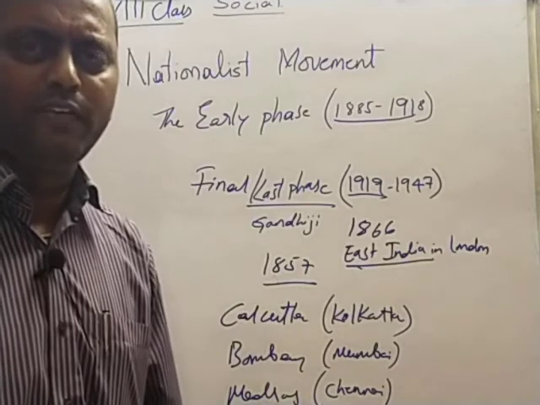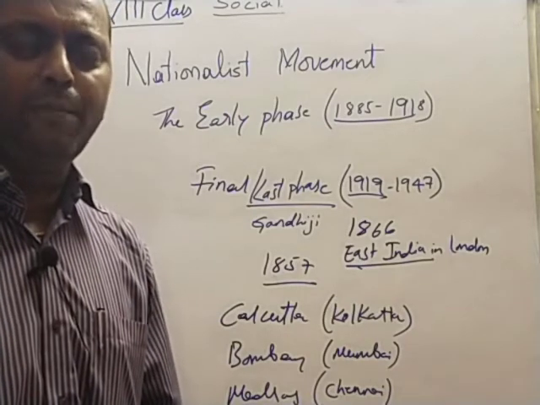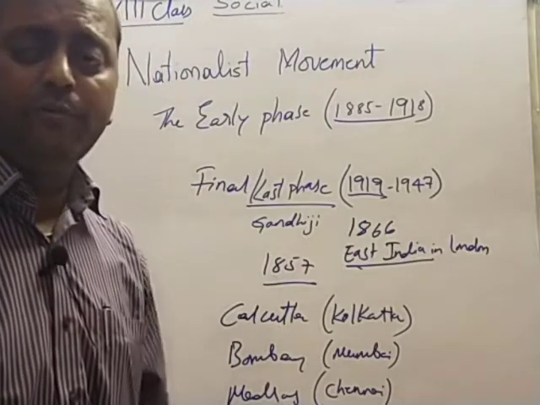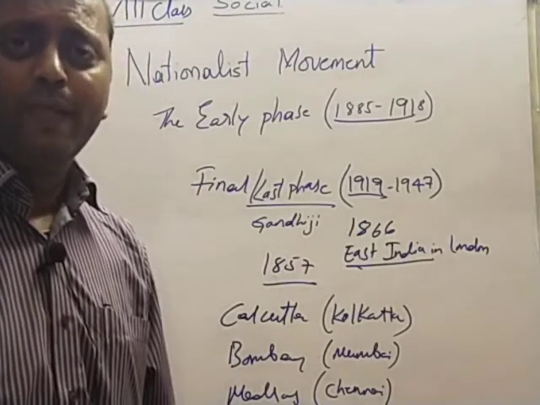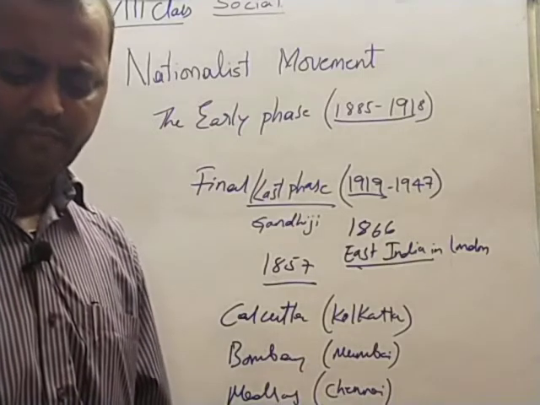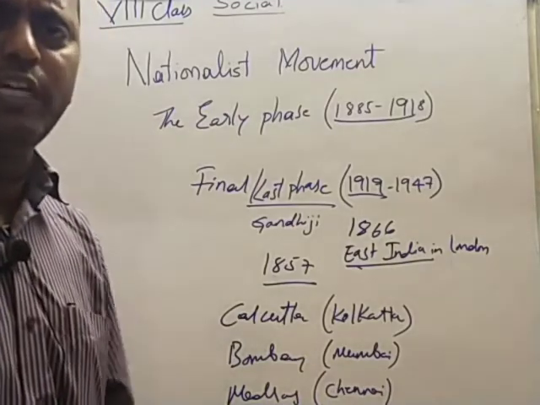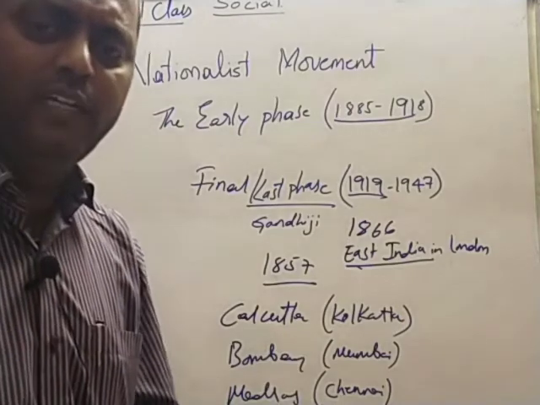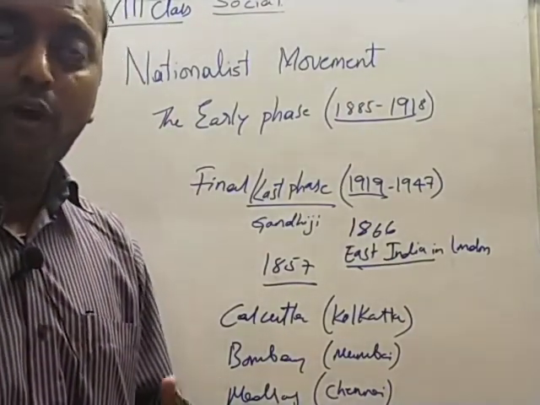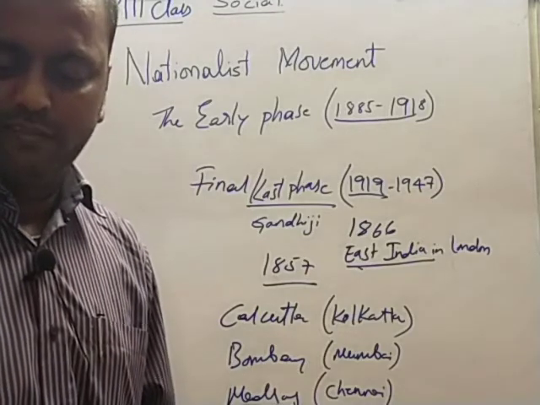Subramanyam Iyer organized campaigns in the Madras province in South India. M.G. Ranade organized in Bombay province. Likewise, Surendranath Banerjee in Kolkata province. They organized different campaigns in order to understand the problems being faced by the Indians.